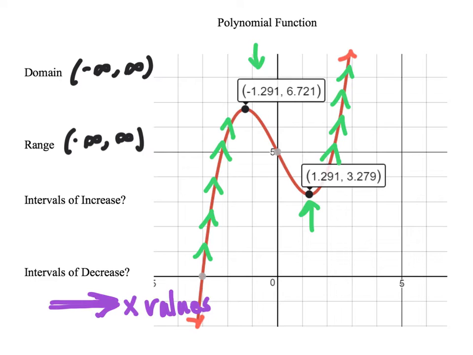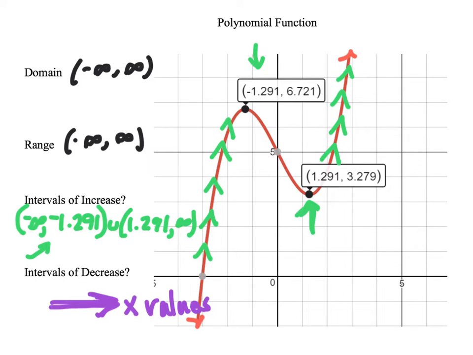Let's decide how we would write that in interval notation. Take a look what I've written here as the intervals of increase. Notice that I've said from negative infinity to negative 1.291, those are x values, union with positive 1.291 to infinity.